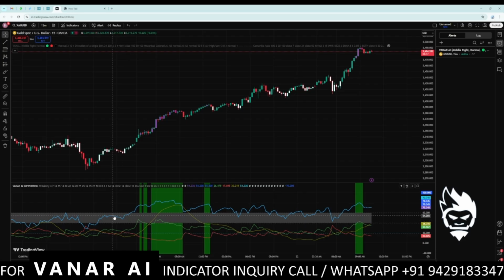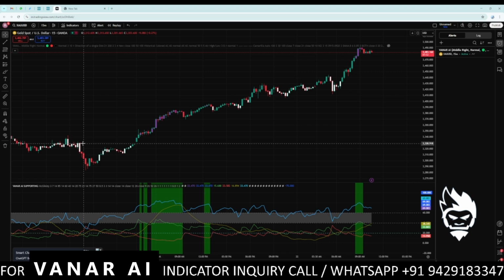Whenever you see this sky blue line in this gray zone, the market will be in range. I have plotted the gray zone as 60/40. You can customize it as per your need. Whenever it's the 60/40 zone, you can see white candles on the chart. I also added another feature, overbought and oversold.